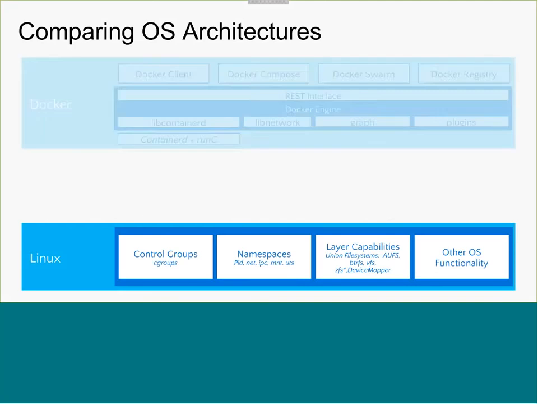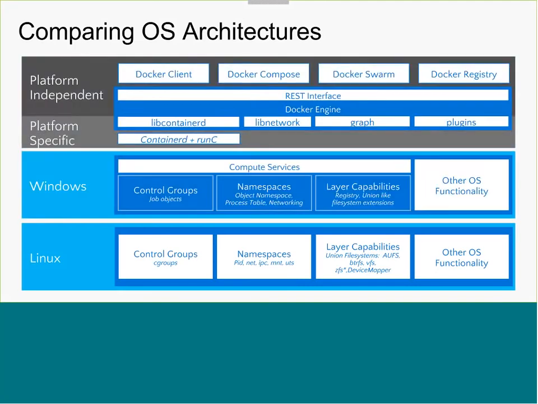All right, moving on. This is a slide that compares the two architectures on Windows and Linux. At the bottom, on Linux, Docker makes use of cgroups and namespaces, and then layered file systems to make Docker happen, and to manage the operation of containers on Linux.